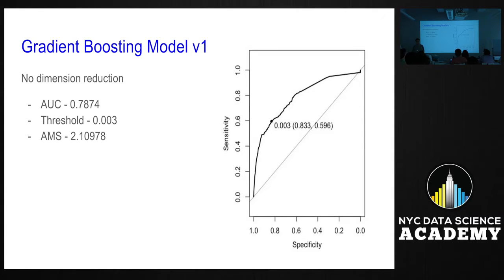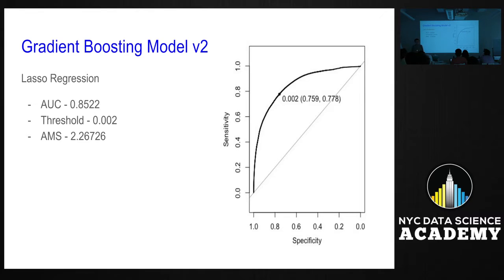Now, after applying it with the 12 chosen variables from lasso regression, we have an improved AUC of 0.85 and an AMS score that jumped up by 0.16. Now, that wasn't that high of a number, and so we decided to skip the PCA portion, calculating the new PCs, and just move on to another machine learning method and see whether that will increase our score.